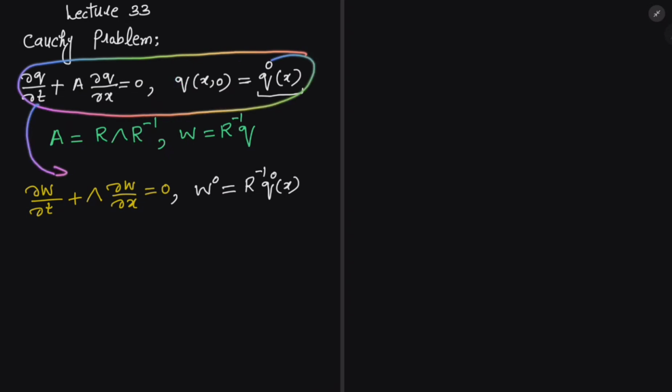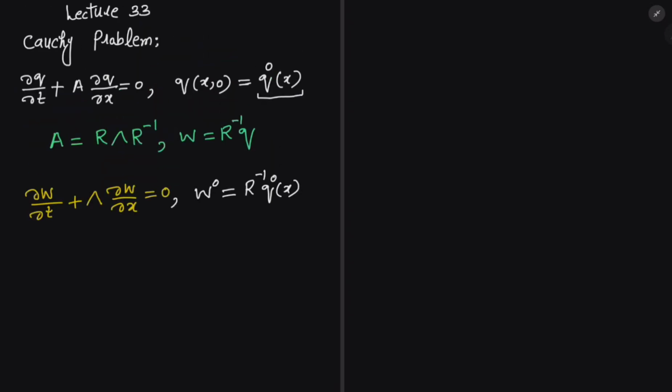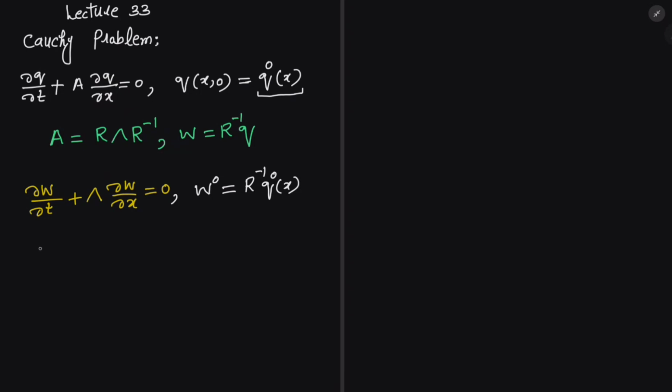So we converted our problem into the corresponding problem in W. In scalar, in component form, it can be written as partial Wp by partial t plus, since this lambda contains eigenvalues, when we multiply this matrix with W, we get lambda p partial Wp by partial x is equal to 0.